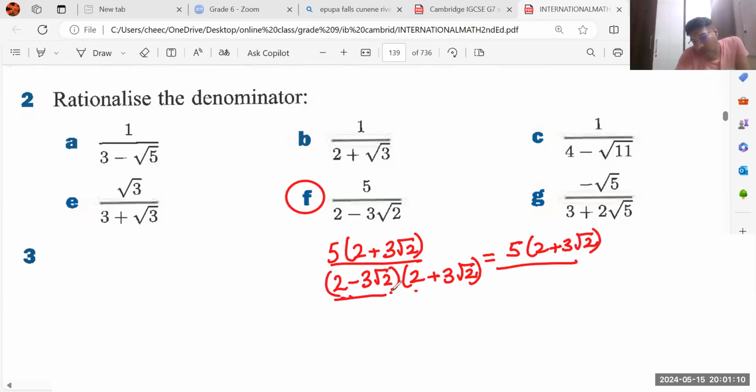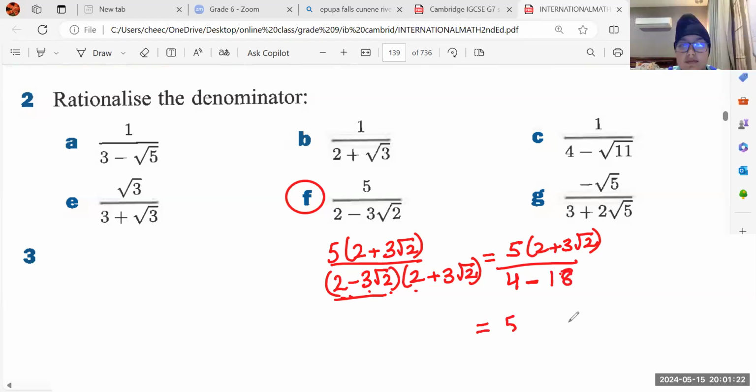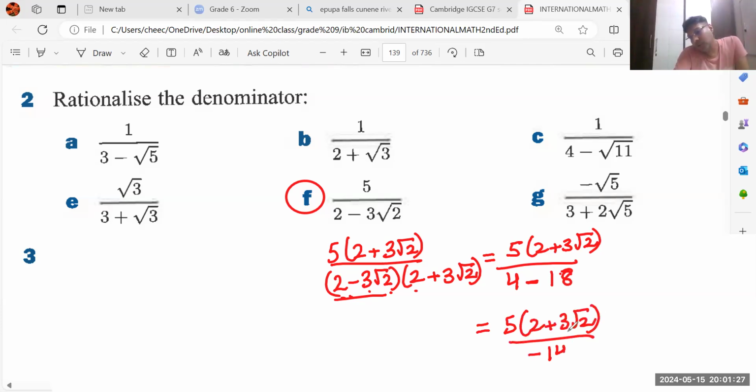This will be a square, which is 4, minus b square. 3 square is 9, 9 into 2 is 18. Any confusion in this? So this will be 5 times 2 plus 3 root 2 upon minus 14. Which can be written with the negative put on top, you can open the brackets. So whatever you can do, play with it. This is your answer.